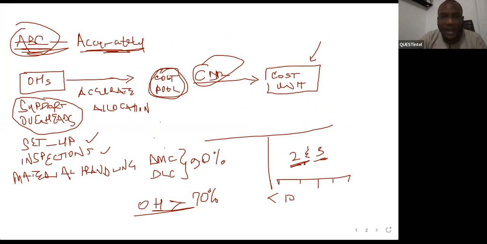The direct cost never bothers us. So whether absorption costing or activity-based costing, your direct material cost and direct labor cost will be directly related. Our problem is with overheads and how we treat overheads depending on which one we're using.